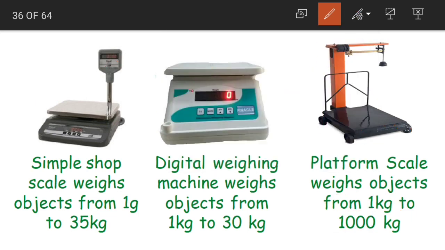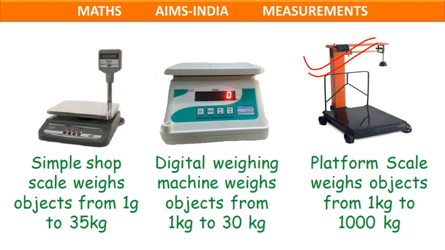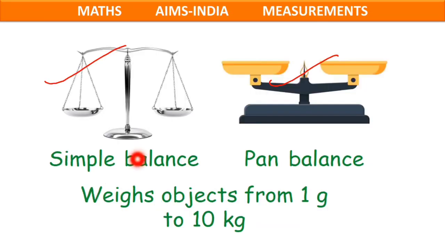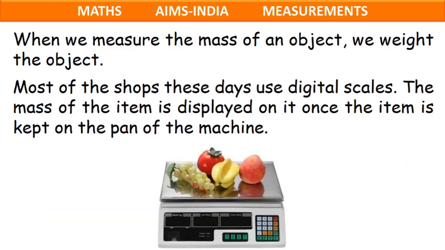So if you have any heavy objects, you can use the platform scale to measure the weight of the object. Yes, children, and the remaining ones, that is the simple shop scale, digital weighing machine, simple balance and pan balance, can be used to weigh objects of smaller weights.